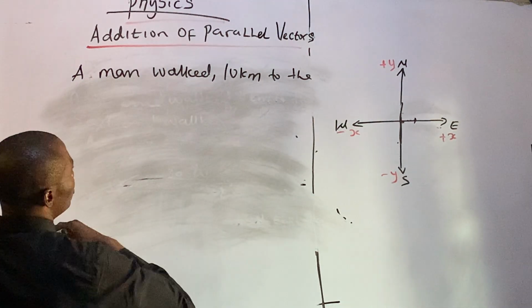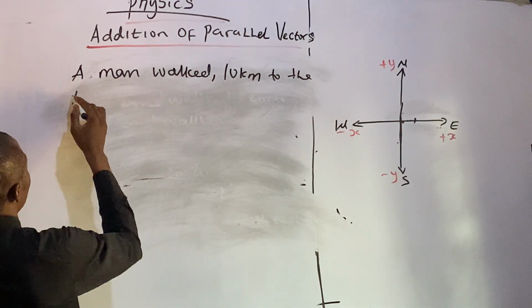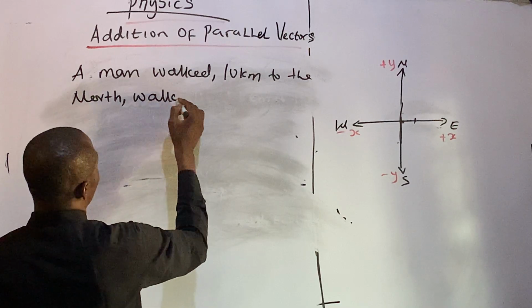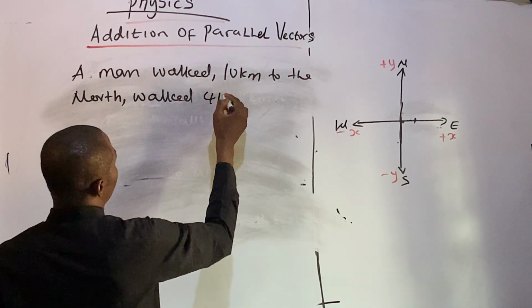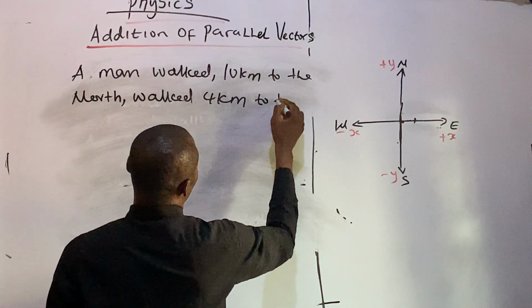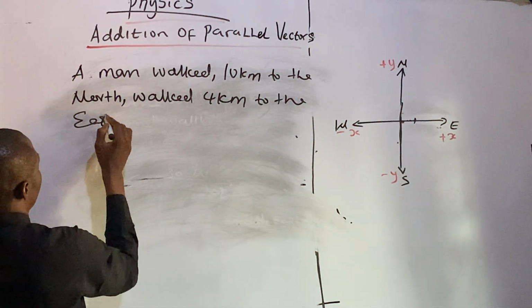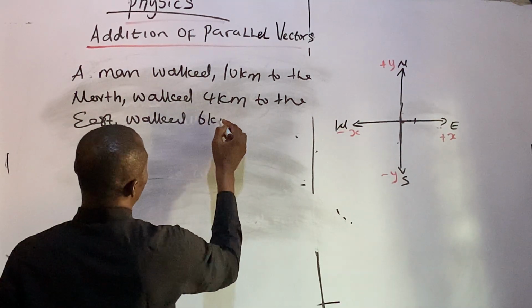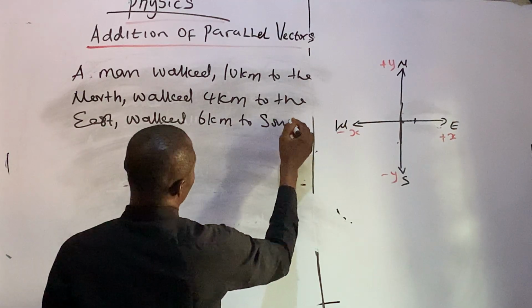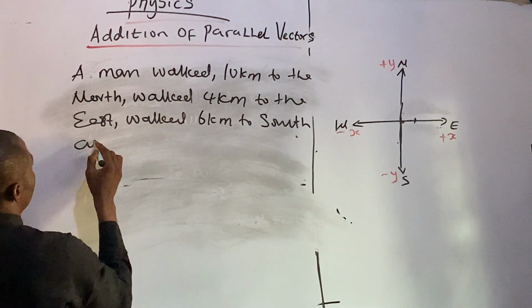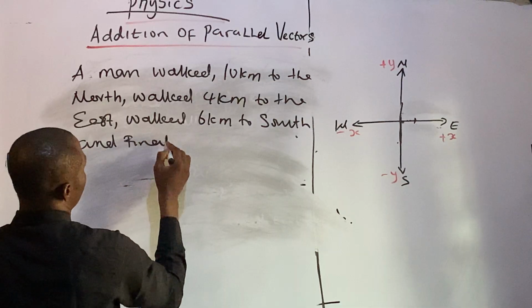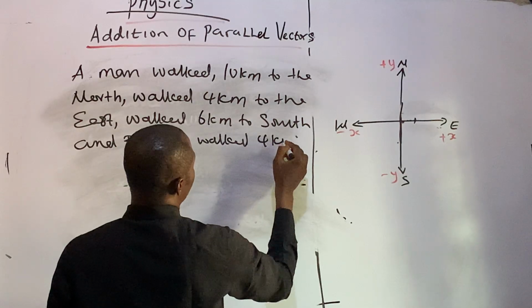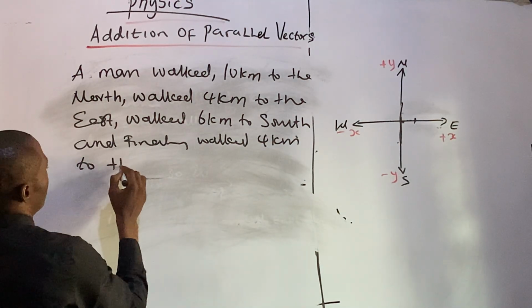So the man walked 10 kilometers to the north, and then he walked 4 kilometers to the east, then walked 6 kilometers to the south, and finally walked 4 kilometers to the west.